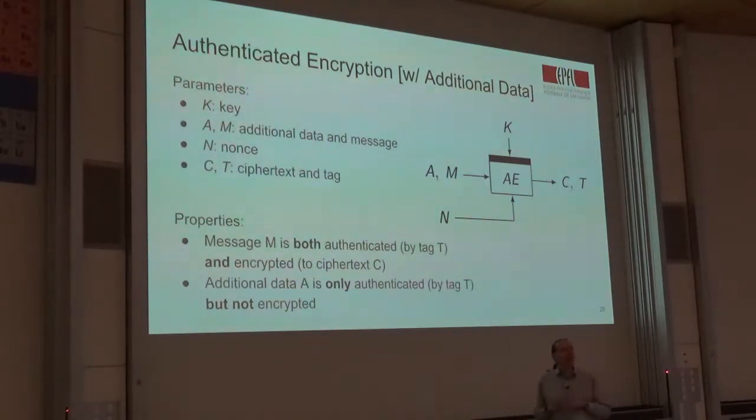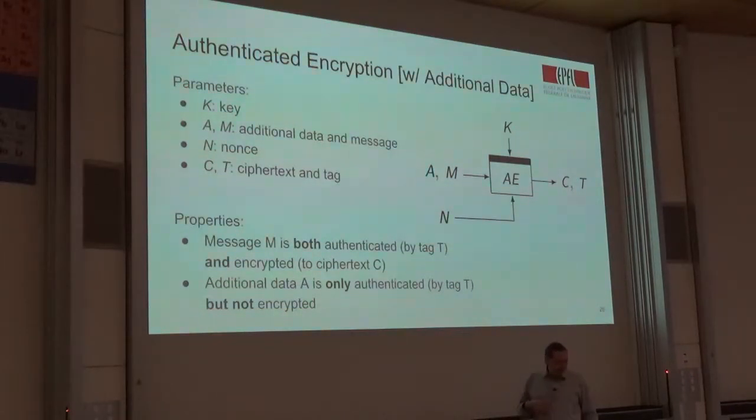that are an abstraction by themselves. A common form of this these days is what's called authenticated encryption with additional data. And this is often used for encrypting messages or packets with authentication.